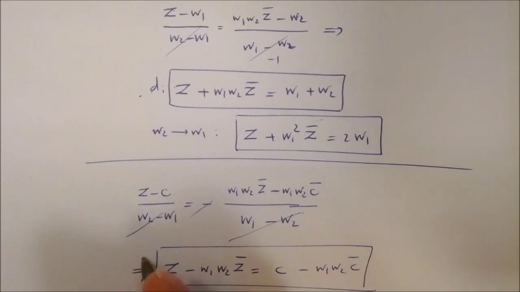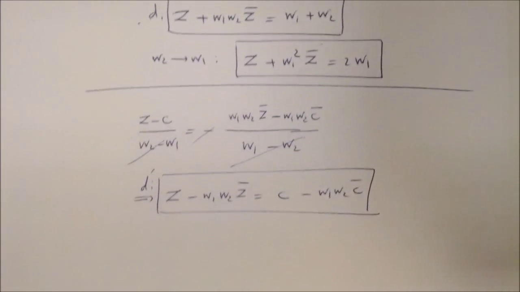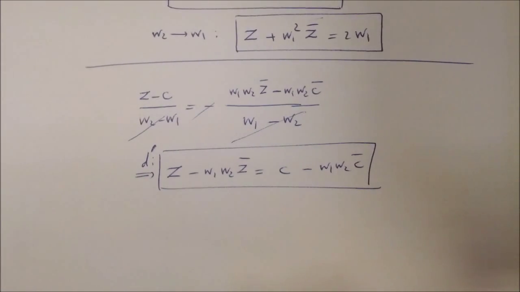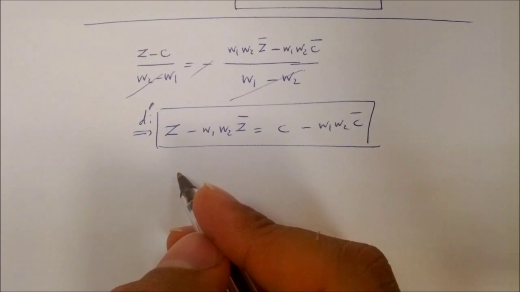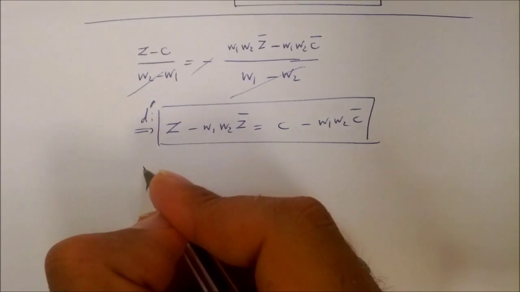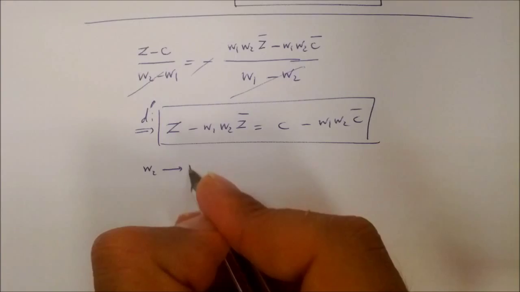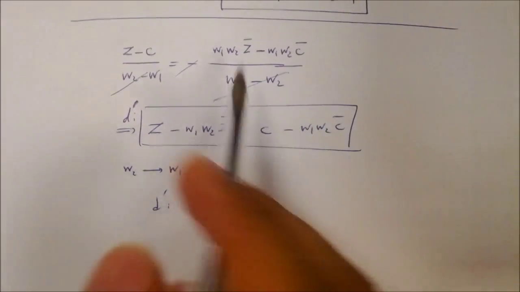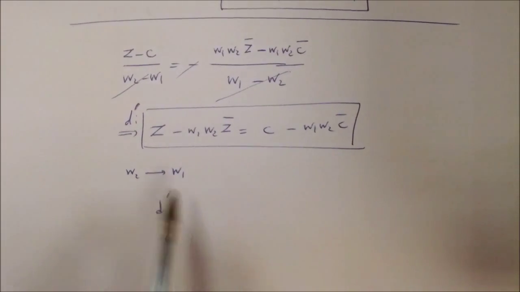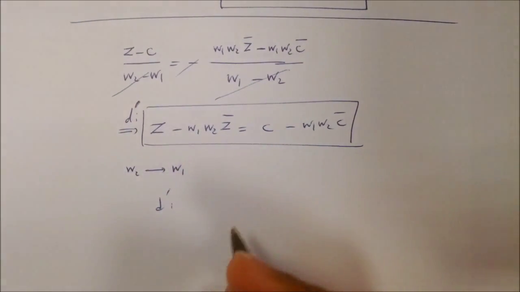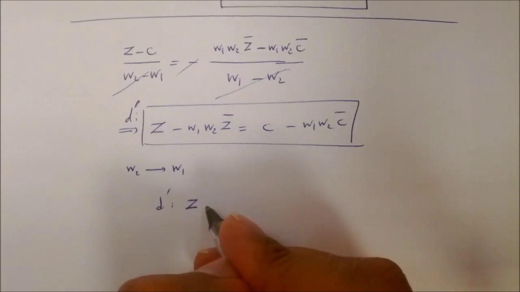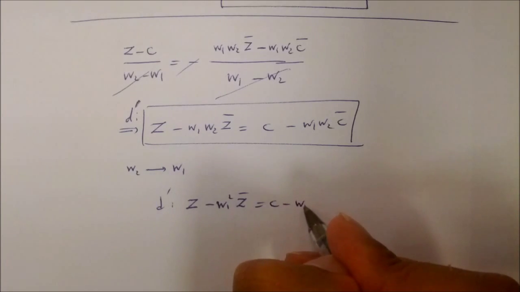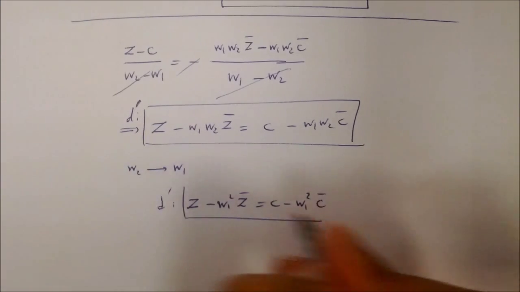This will be the simplified equation of the line D prime, and if W2 tends to W1, I have another equation which is perpendicular to the tangent line at W1, and this equation will be simply as this one.